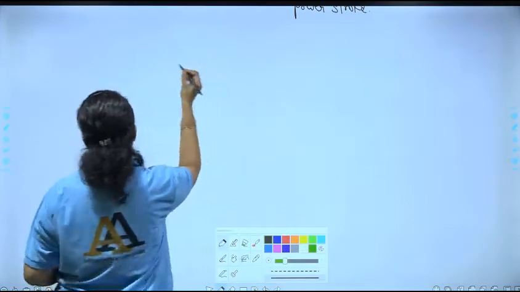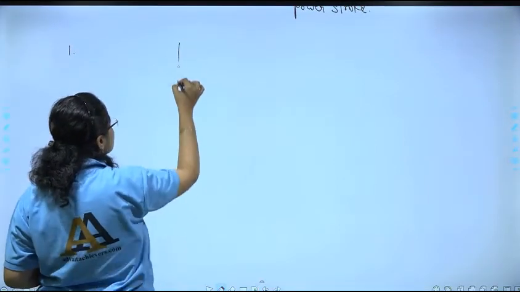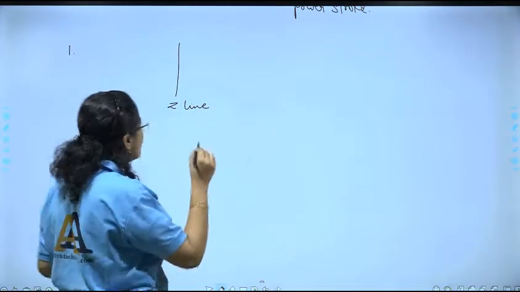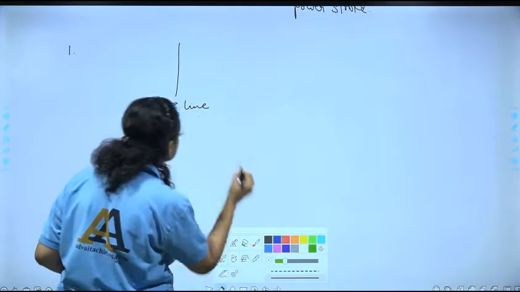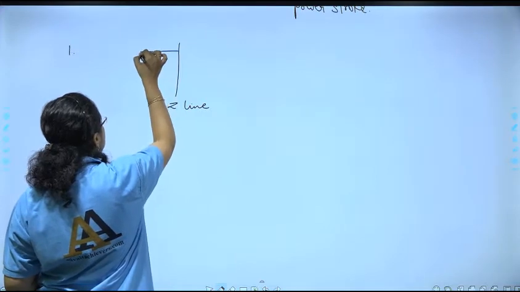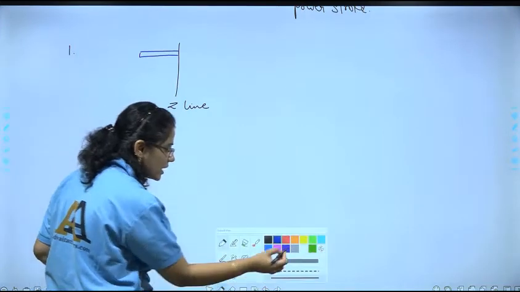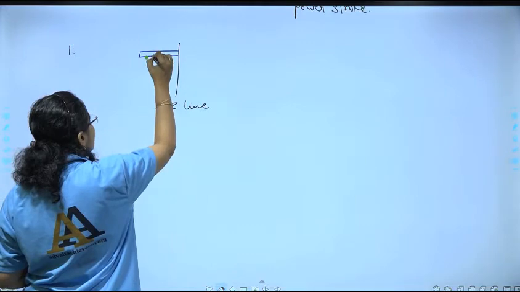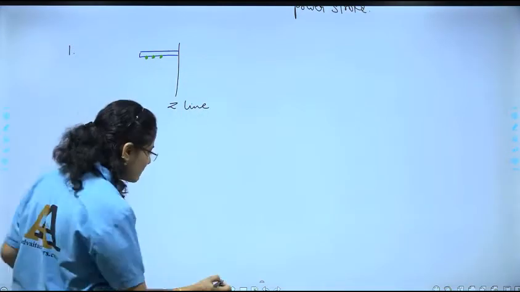Say this is the first step that I am making, where we know that this is our Z line, okay? We are drawing one actin over there. Say this is one actin which is attached to the Z line, right? And presently its active sites are masked by troponin, right?